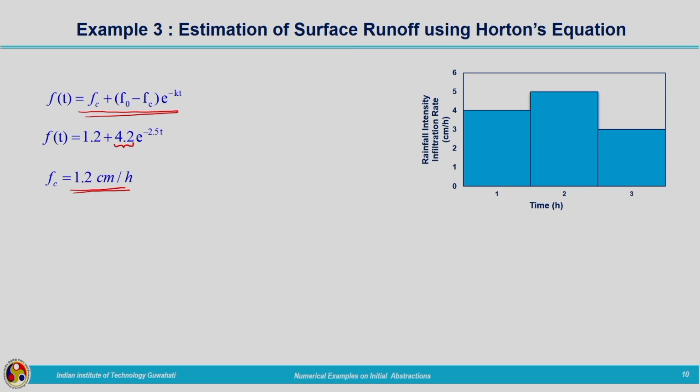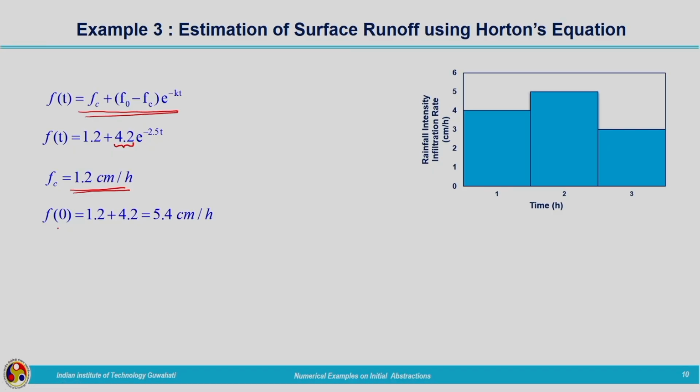So, we can get the value corresponding to f naught. Or one more way to calculate f naught is that when time t is equal to 0, how much will be the infiltration? That is the value corresponding to f naught. Initial infiltration is represented by f naught. So, we can calculate f of 0, t is equal to 0, we are substituting, we can calculate f naught as 5.4 centimeters per hour.